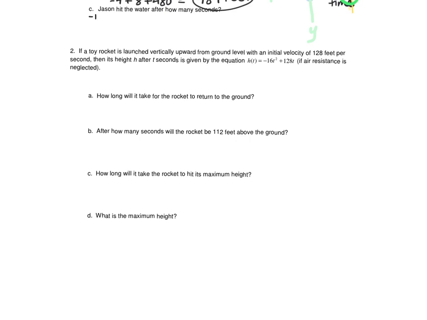So I have negative 16t squared plus 16t plus 480. I'm going to factor out a negative 16. And then I'm going to continue factoring that.